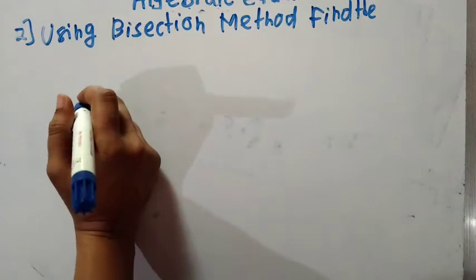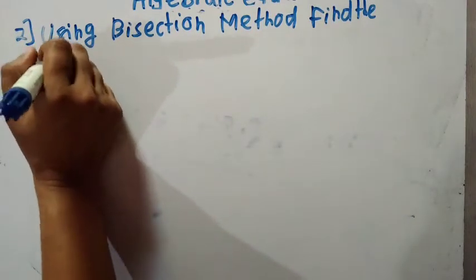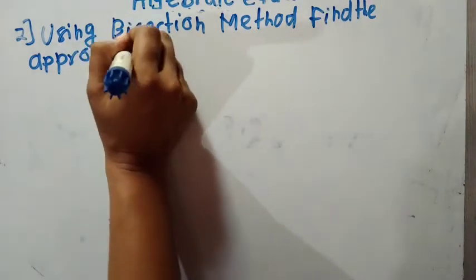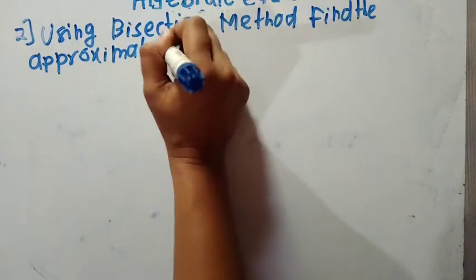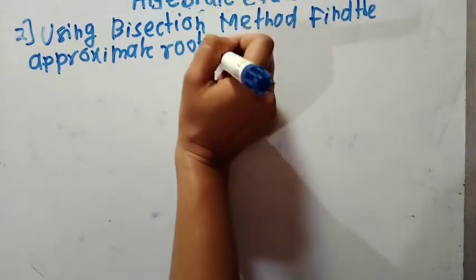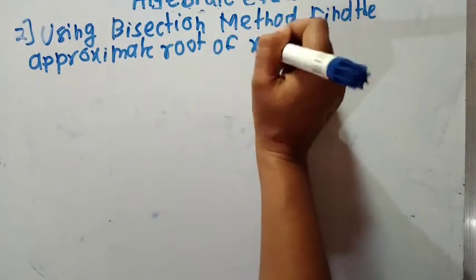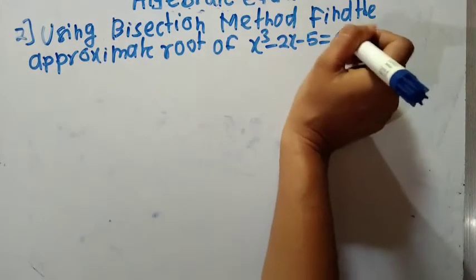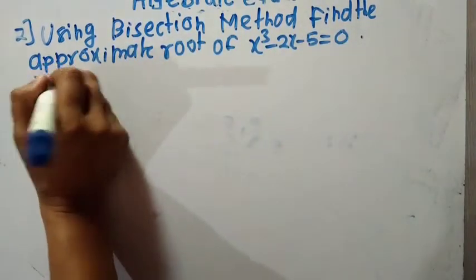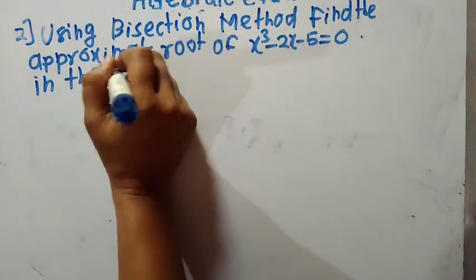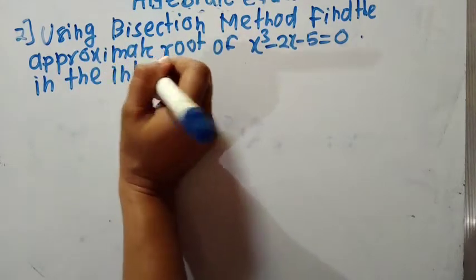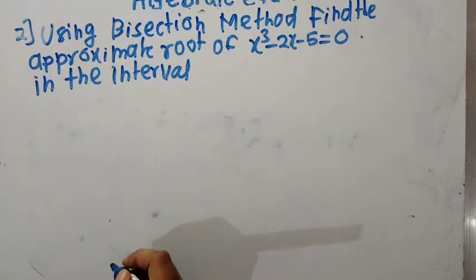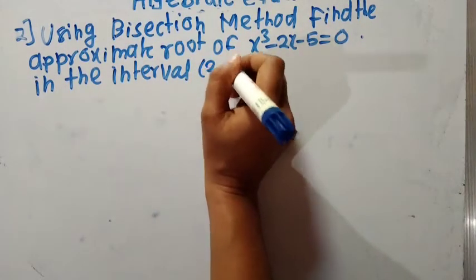Find the approximate root of x cube minus 2x minus 5 is equal to 0 in the interval 2, 3.